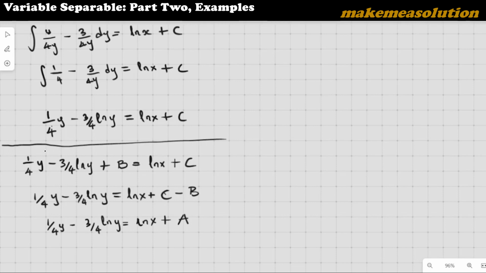One thing about arbitrary constants is that, since we are working with them, you can call one arbitrary constant another arbitrary constant, and you can twist the form however you want. So c minus b is an arbitrary constant. When you compare this solution with the other solution, you will see that they are not different from each other.